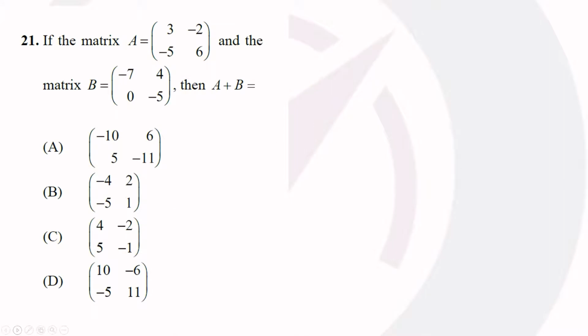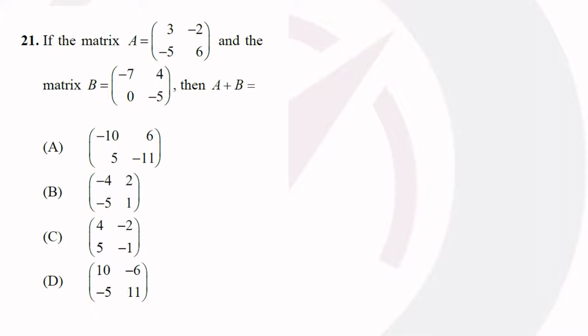We have entered the matrix. Alright, so if matrix A is 3, negative 5, 3, negative 5, 2, 6, and matrix B is negative 7, 0, 4, negative 2, then A plus B is. Now the first thing we need to know: we can only add or subtract matrices that have the same amount of columns and the same amount of rows.